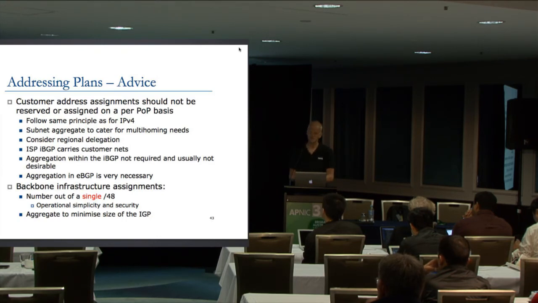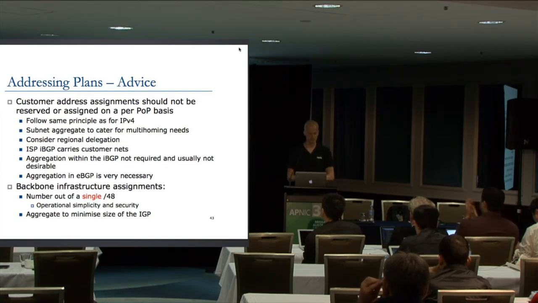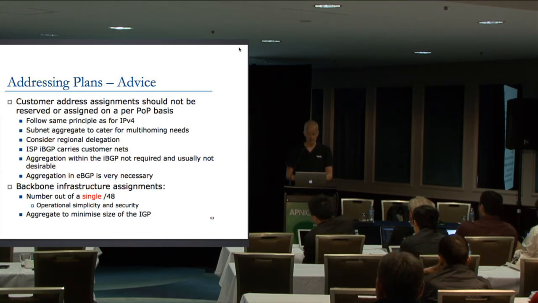Subnetting to try and cater for the multi-homing needs. Consider regional delegation, so the geographical thing I was talking about. Of course, we're using IBGP to carry all these customer prefixes. Backbone infrastructure out of the /48, as I said earlier, operational simplicity and security.